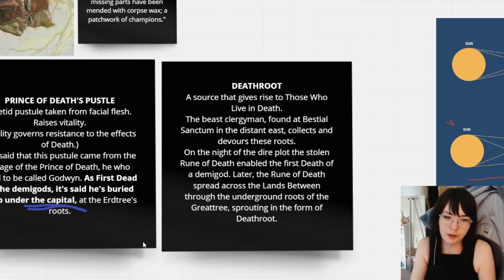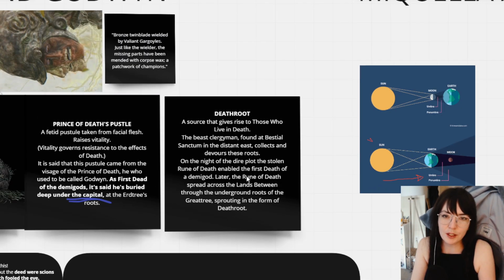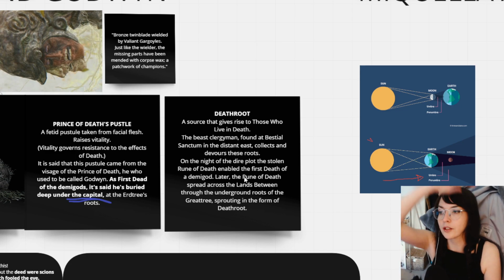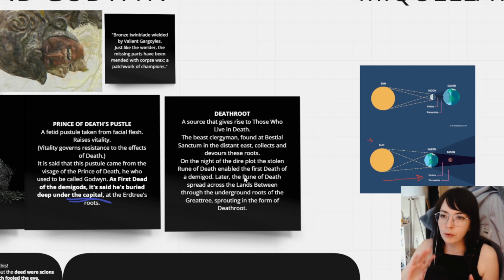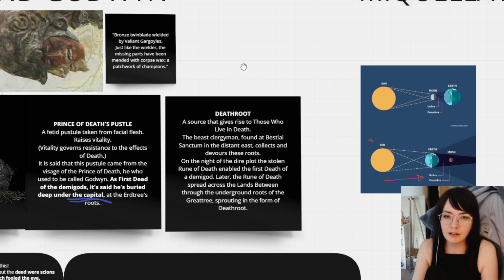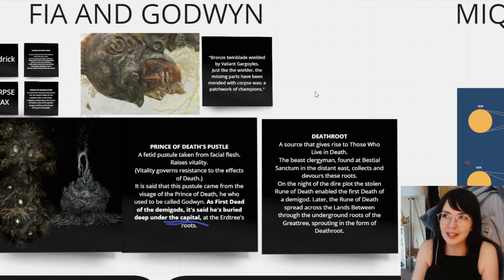And this is super interesting too because it's mentioned at some point that the great tree's roots were severed from the Erd tree. And I'm not entirely sure if that's why they were severed, to prevent Godwyn from spreading, or if there's some other reason. It's interesting too because he was given an Erd tree burial, not necessarily a great tree burial.